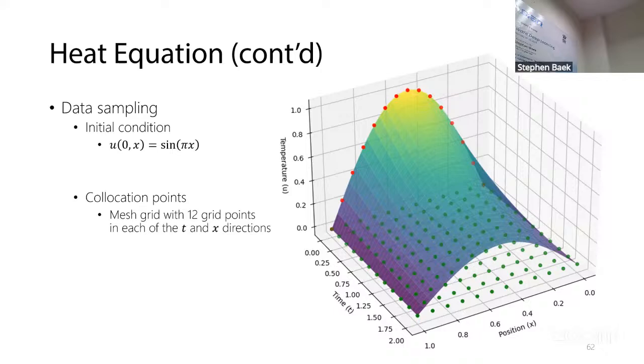And then once the temperature diffuses, the dynamics is not going to be as interesting as before. So I could increase the density of the sampling at smaller time t, but for simplicity's sake, we're just using a uniform sample.